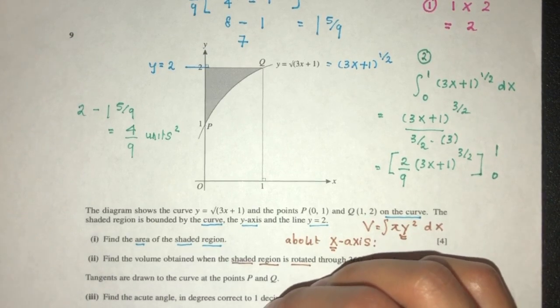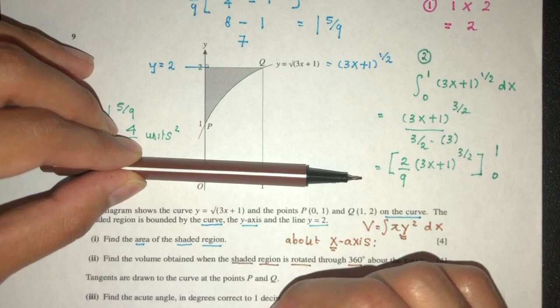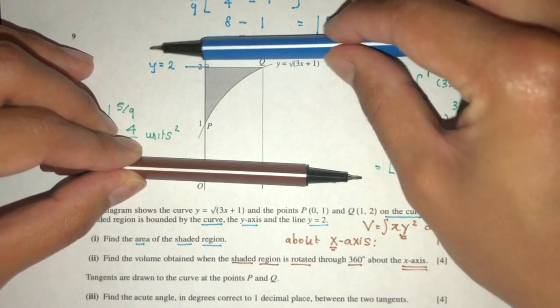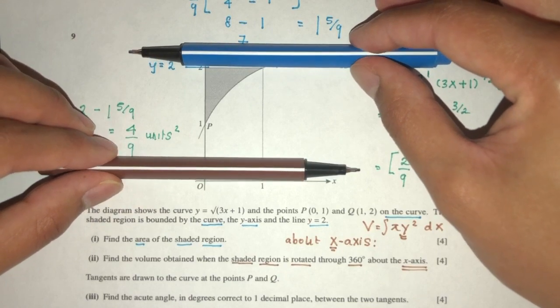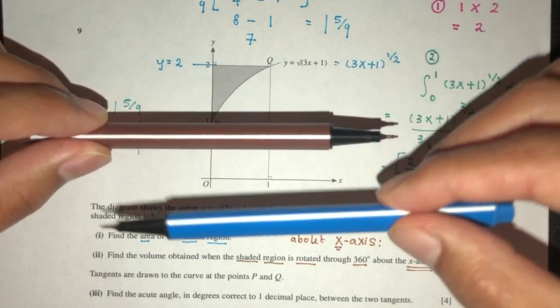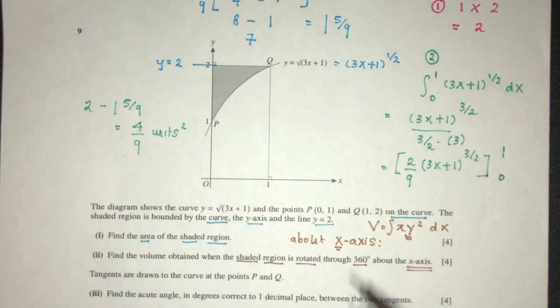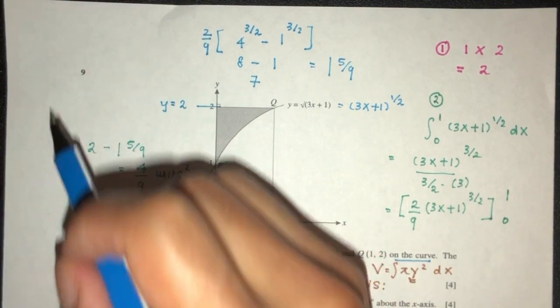If you think about this, here we have the x-axis. At first, we have to look at this line. Now when you rotate this line about the x-axis, for example, you have x here, rotate about the x-axis. It will give you a shape like this, right? So please use your imagination for this question.